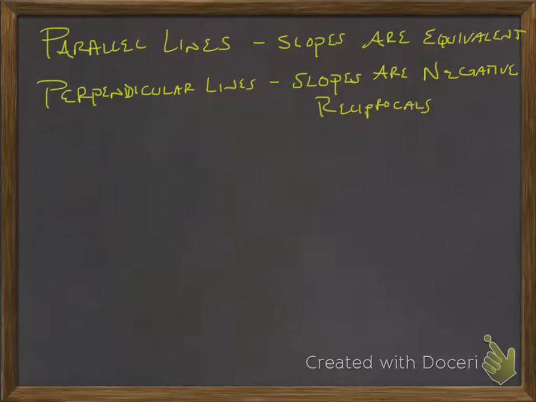Okay, so remember, parallel lines are lines that have the same slope. So the slopes are equivalent. Perpendicular lines, the slopes are negative reciprocals or opposite reciprocals.